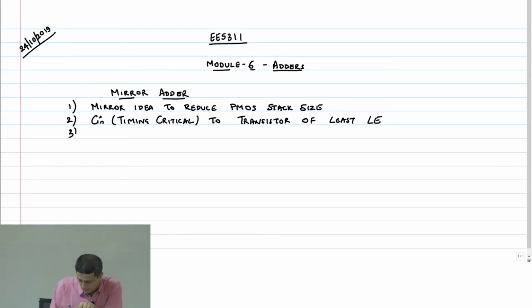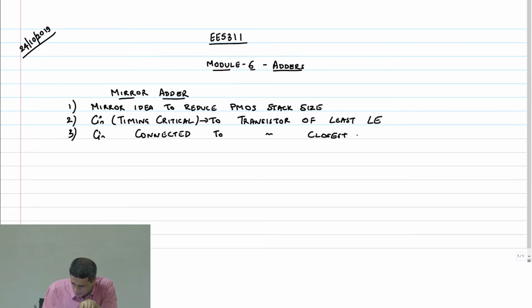It also so happened that the transistor with least logical effort was the transistor that was connected closest to the output. So C in is connected to the transistor closest to the output.